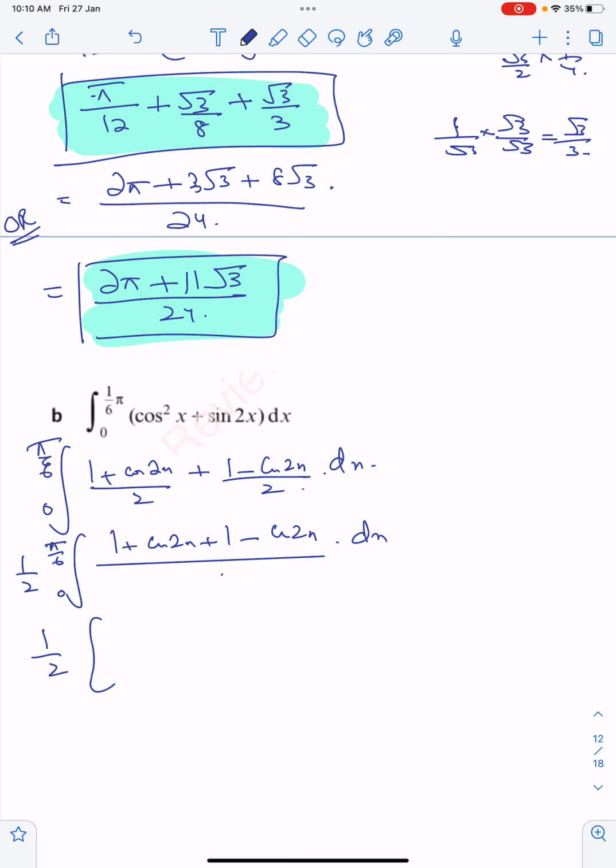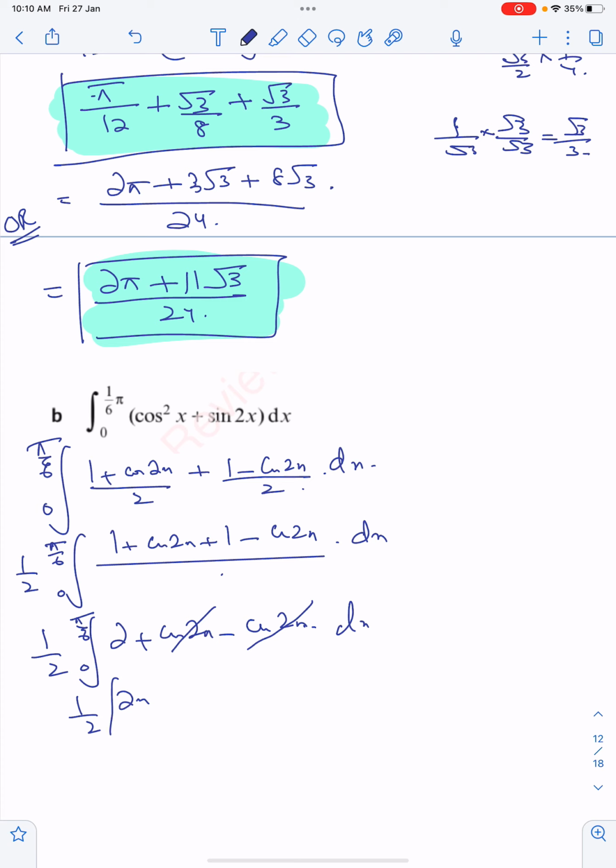Let me simplify it first, because 1 plus 1 gives you 2. So it's 2 plus cos 2x minus cos of 2x. Cos 2x minus cos 2x is cancelling out, so you're just left with 2 dx. So integration of 2 is going to be 2x.